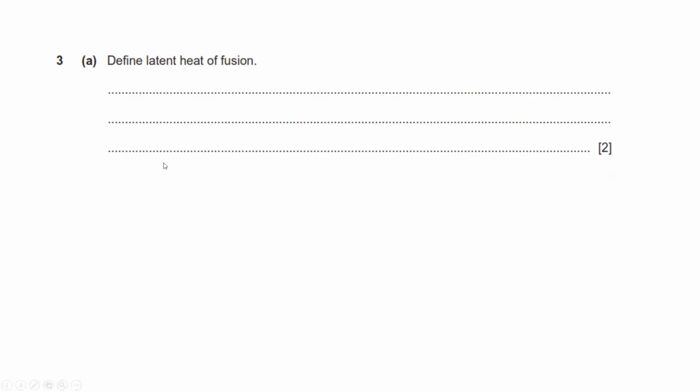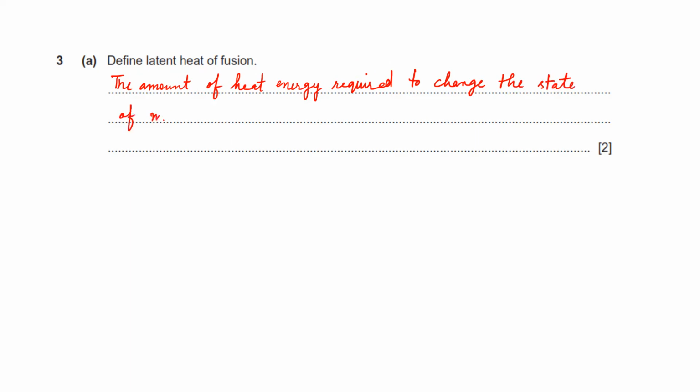This is defined as the amount of heat energy required to change the state of matter at constant temperature.